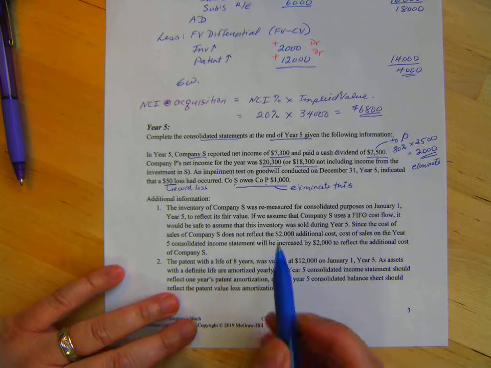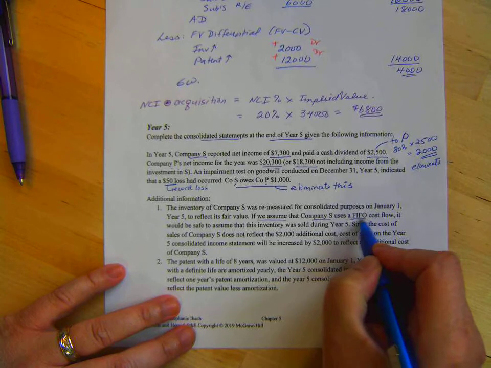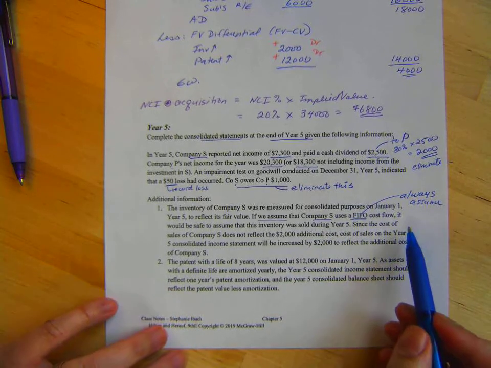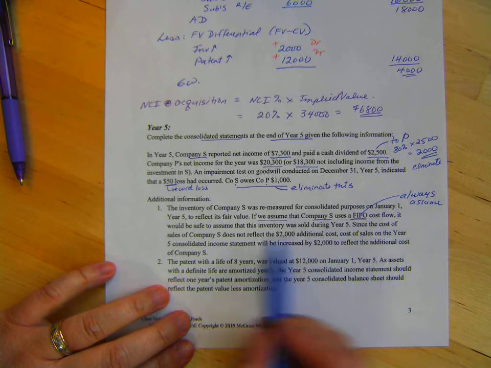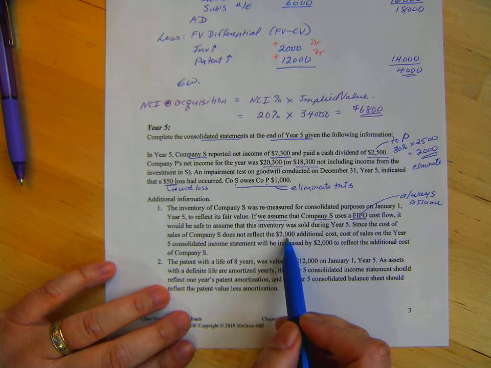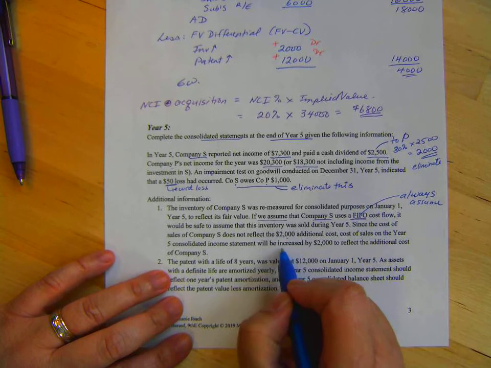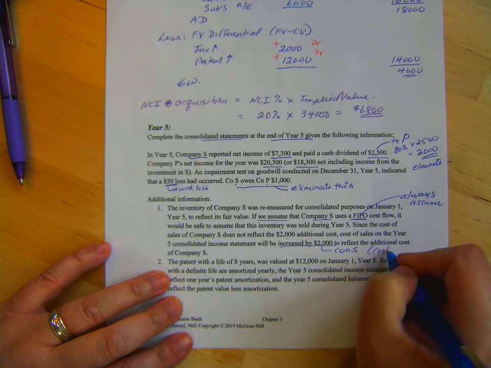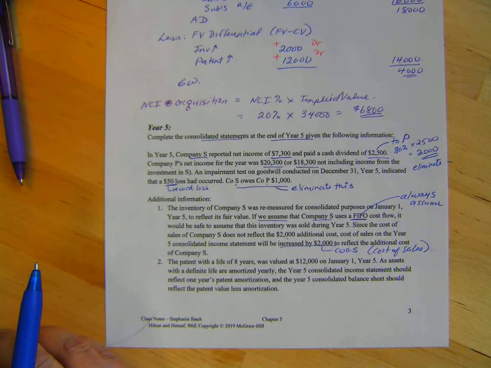So if we assume company S uses FIFO, and we will always assume that, it would be safe to assume it was sold. Since the cost of sales of company S doesn't reflect the 2,000 additional costs, then we're going to have to increase cost of goods sold or cost of sales by that 2,000. Okay?